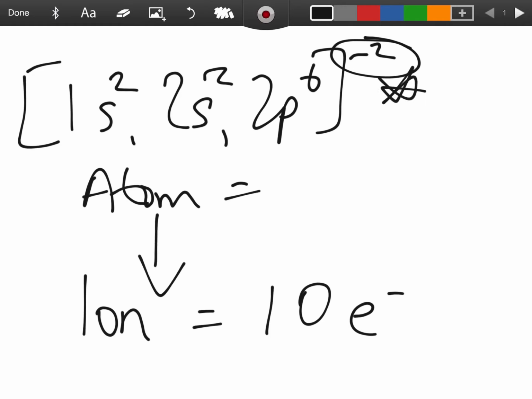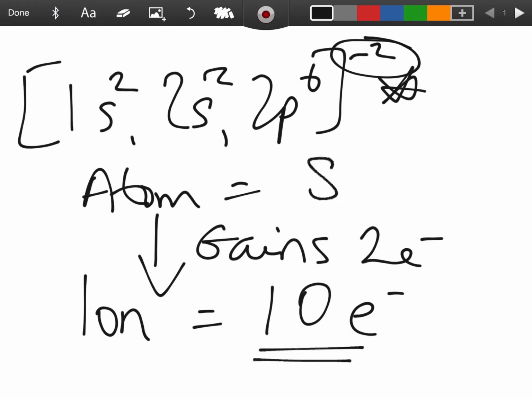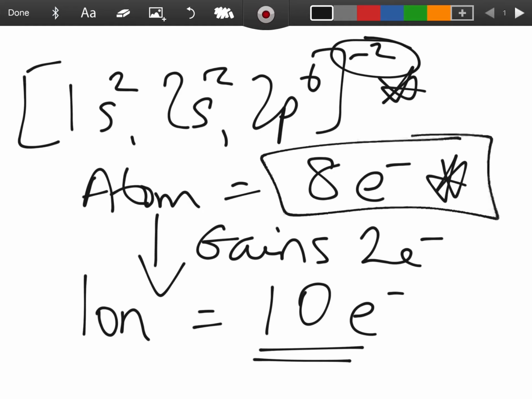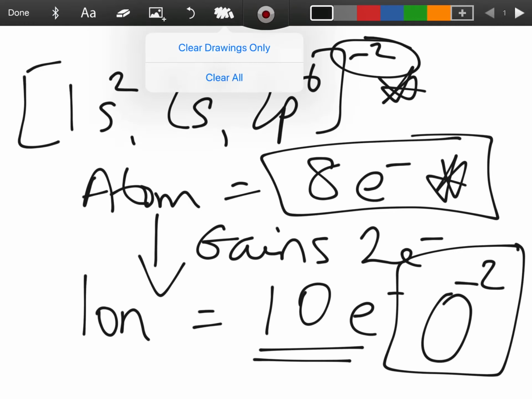What happens to the atom to form a negatively charged ion? It gains 2 electrons, okay? So if the atom gains 2 electrons and then has 10 electrons, the original atom must have had 8 electrons. You go to your periodic table and ask what has 8 electrons? Well, oxygen has 8 electrons. You're identifying an ion, an O minus 2 ion, okay?